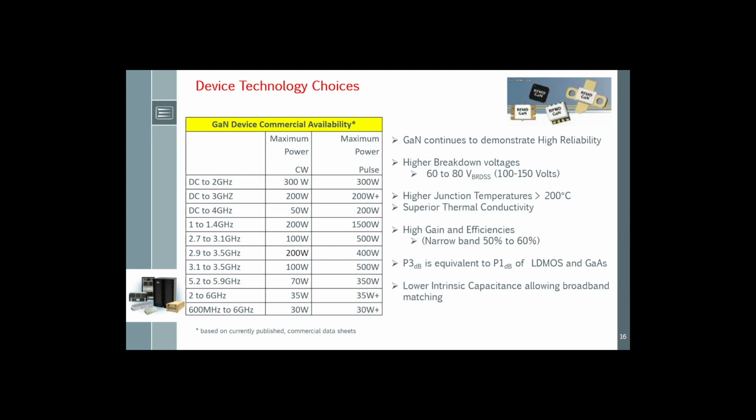GaN has a very high voltage breakdown, which allows it to operate at a very high VDS voltage. Also very important is that when it is subject to VSWR, the main reason that devices burn fast is the voltage breakdown.